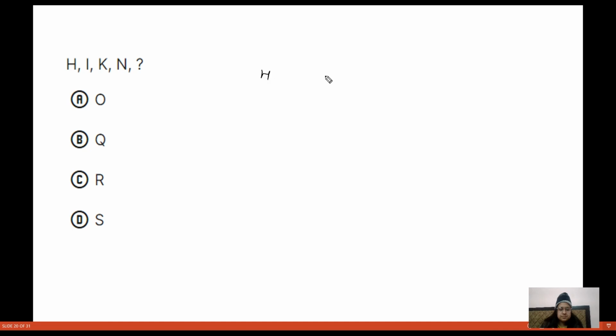Now this is simple, H I K N. So H to I and K to N. What is H? H is obviously 7, and then I is obviously 9 and K is obviously 11 and N is obviously 14.